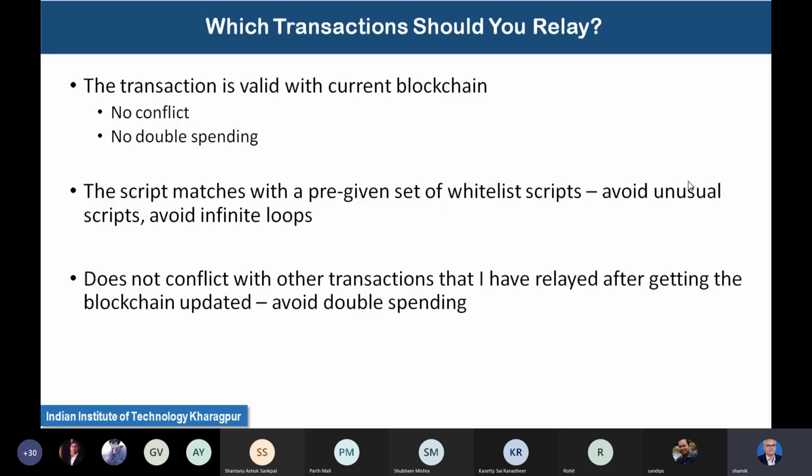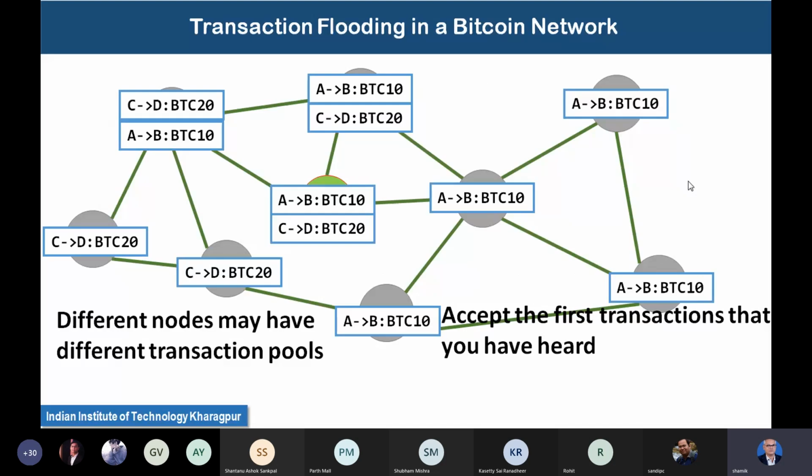So that is what is done when some node is validating a particular transaction, and once it is done, it is sent out to the peers, as we have already seen. So this is how we see it: Alice to Bob, A to B, is BTC 10, and then C to D is BTC 20, and so on.